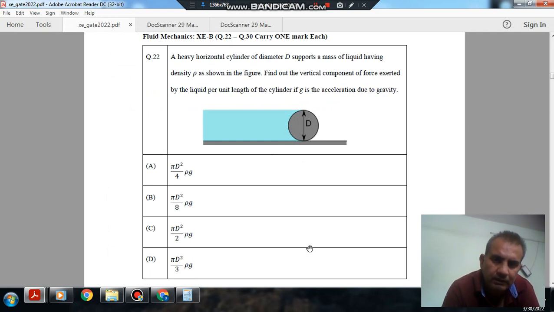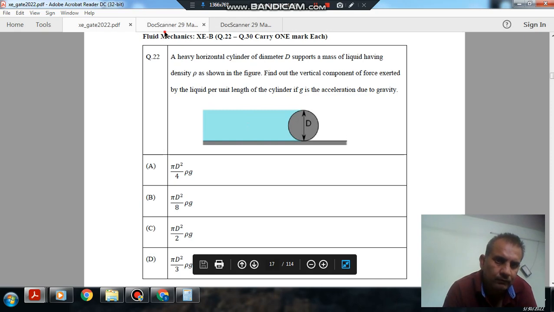Find out the vertical component of force exerted by the liquid per unit length of the cylinder, if g is the acceleration due to gravity. Options are A: pi d square by 4 rho g, option B: pi d square by 8 rho g, option C: pi d square by 2 rho g, option D: pi d square by 3 rho g.